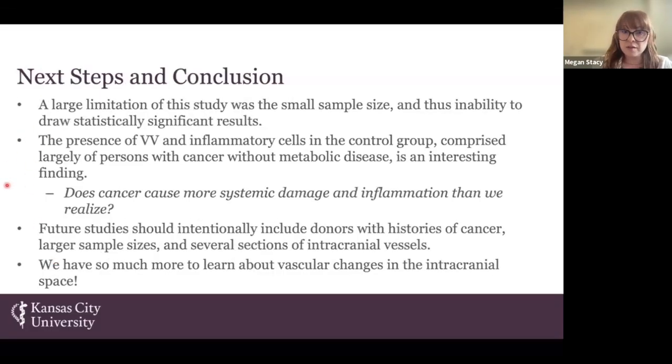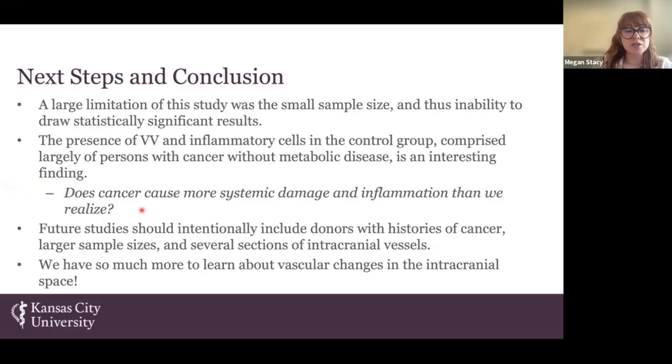So next steps and conclusion, obviously a large limitation of this study was the small sample size, which didn't really give me the ability to draw statistically significant results. I can just say these were interesting findings.